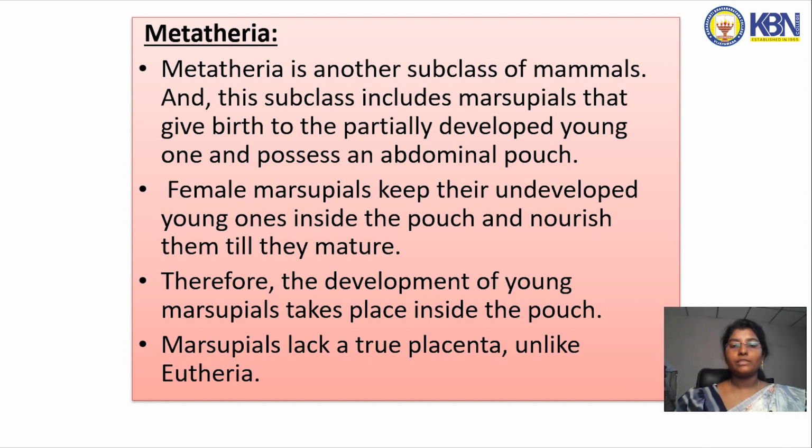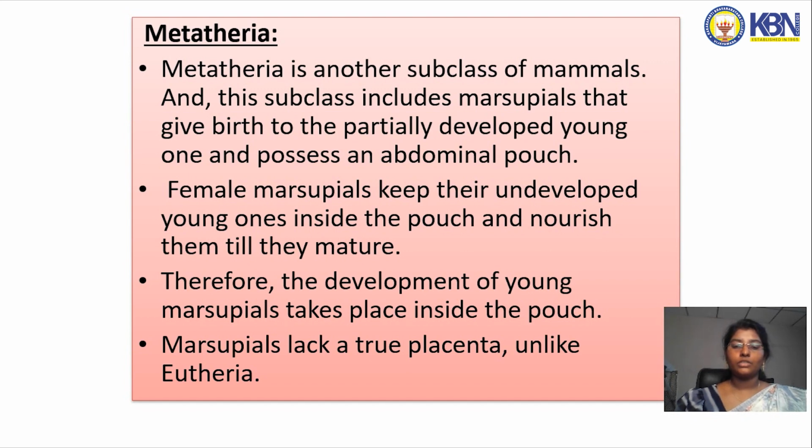Female marsupials keep their undeveloped young ones inside the pouch and nourish them till they mature. At this point, we can observe that the undeveloped ones get their nourishment in the pouch till they mature.